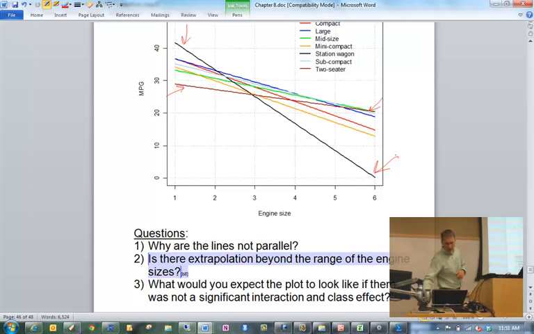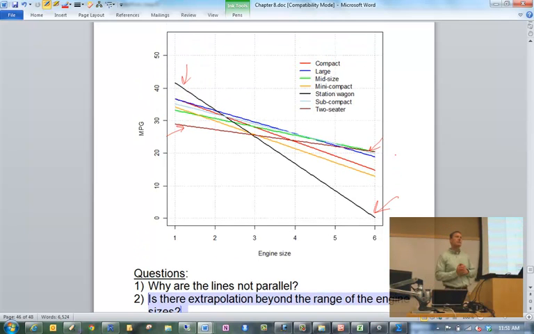Is there extrapolation beyond the range of the engine sizes? Well, remember what we learned back in Chapter 1. You don't want to extrapolate your predictions beyond the range of your predictor variable.